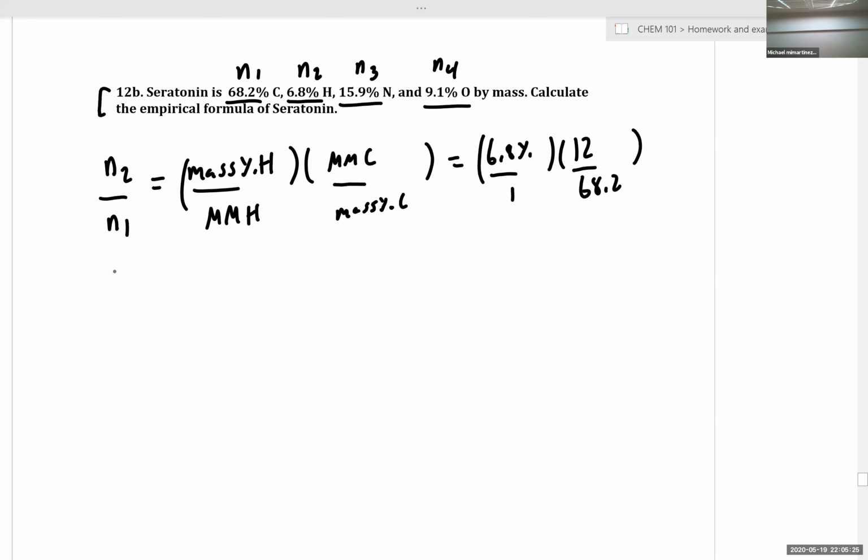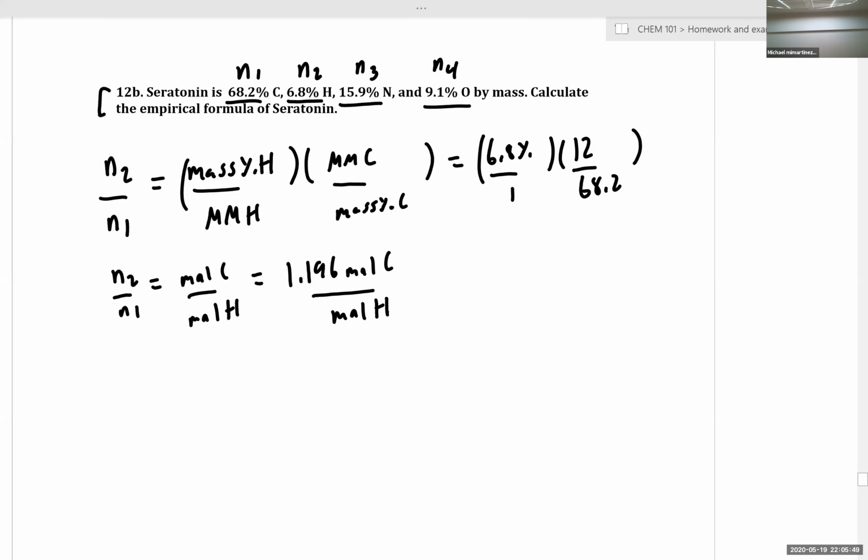So if we punch that into our calculator, N2 over N1, we end up with 1.196 moles of hydrogen per mole of carbon.